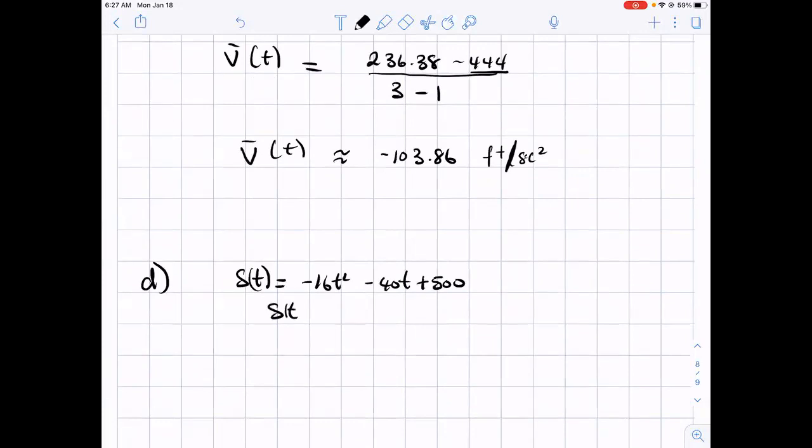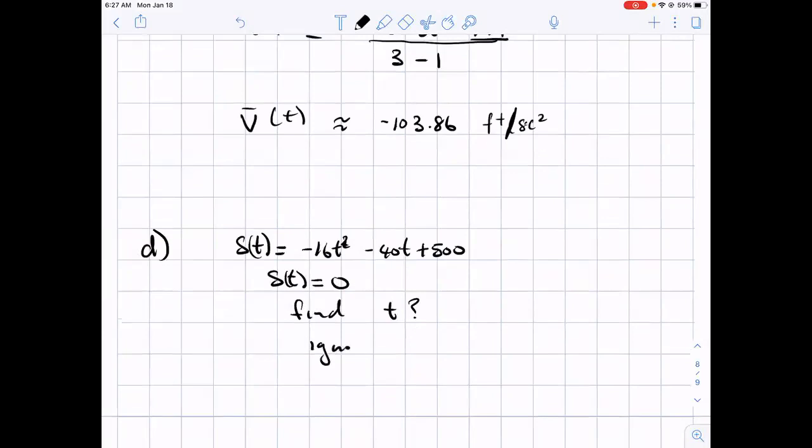Set that equal to 0, because that's when the ball will reach the ground, and solve for t. Because this is quadratic, you're going to have two different values for t, so ignore the negative t's.